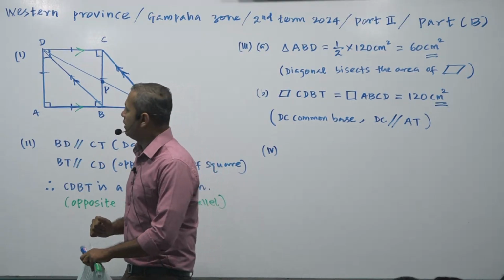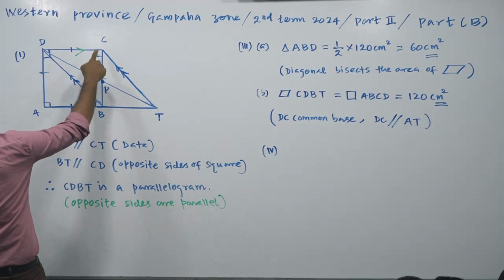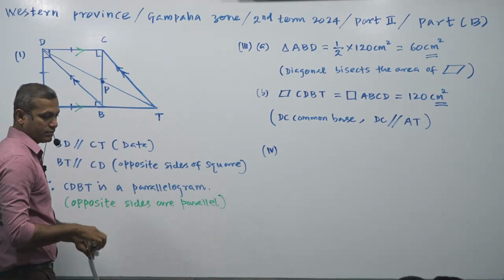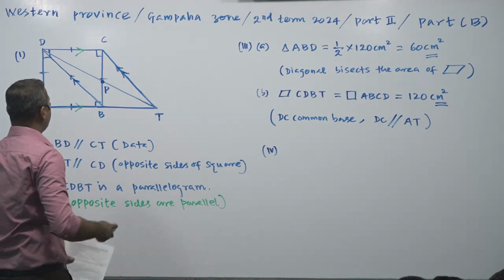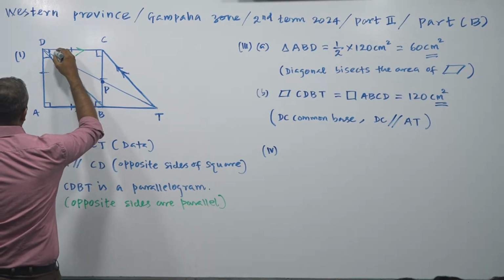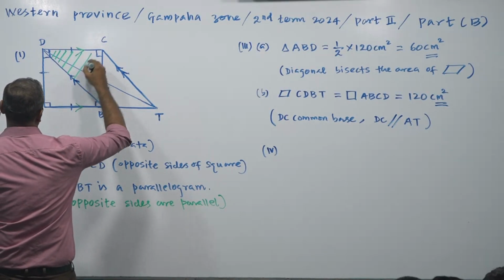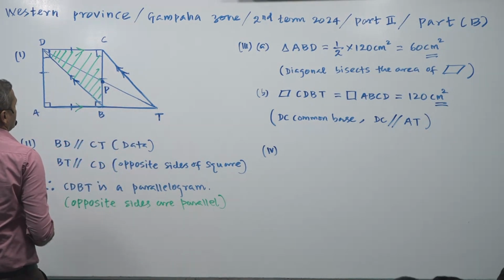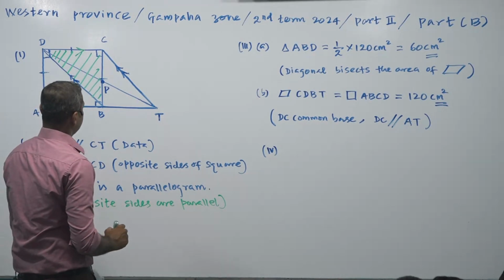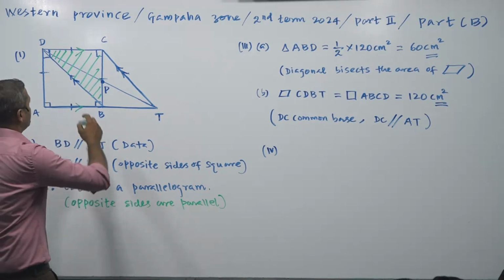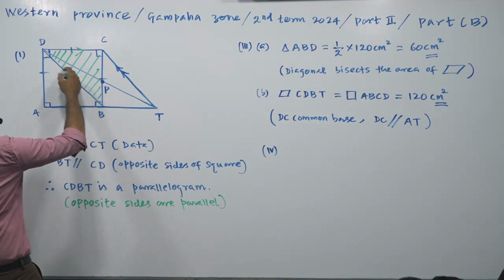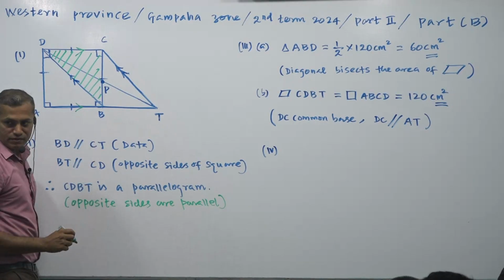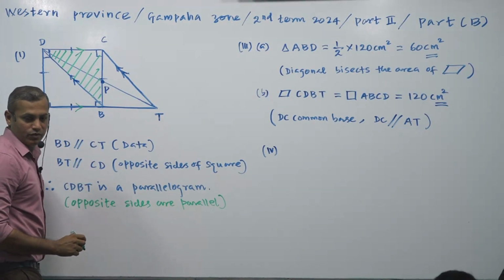Then triangle BCD is equal to what? Triangle CDT. Yes or no? Look at here. See whether you can understand. This triangle, area of this triangle is equal to area of this triangle. Yes or no? They are equal in area, right?